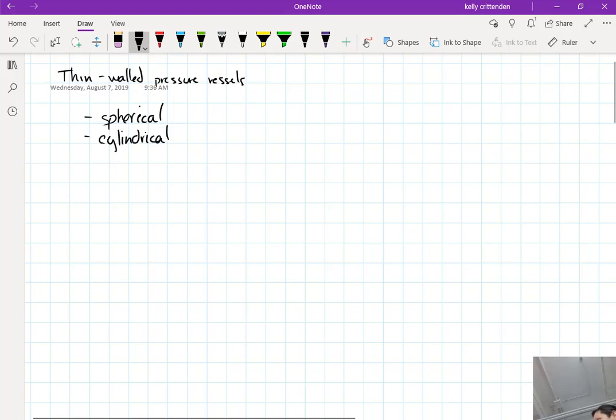And thin-walled means that the wall thickness is small compared to the radius or diameter of the overall thing.